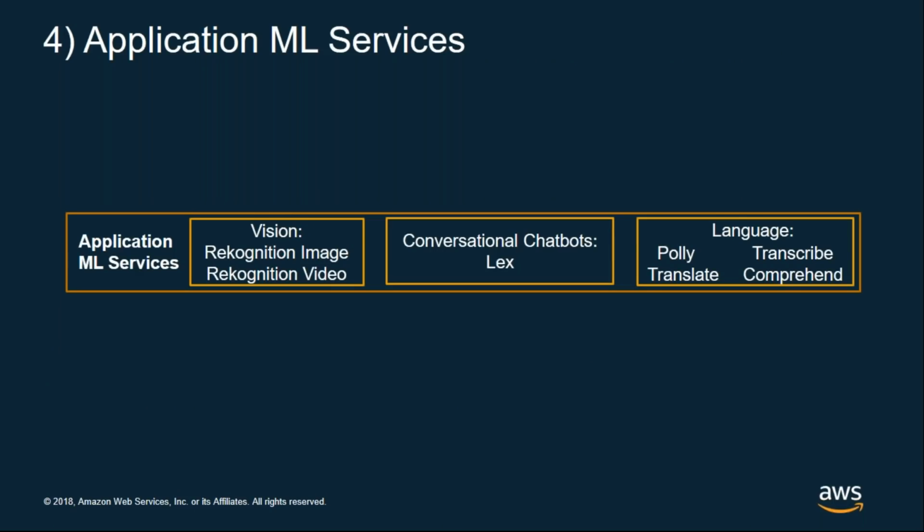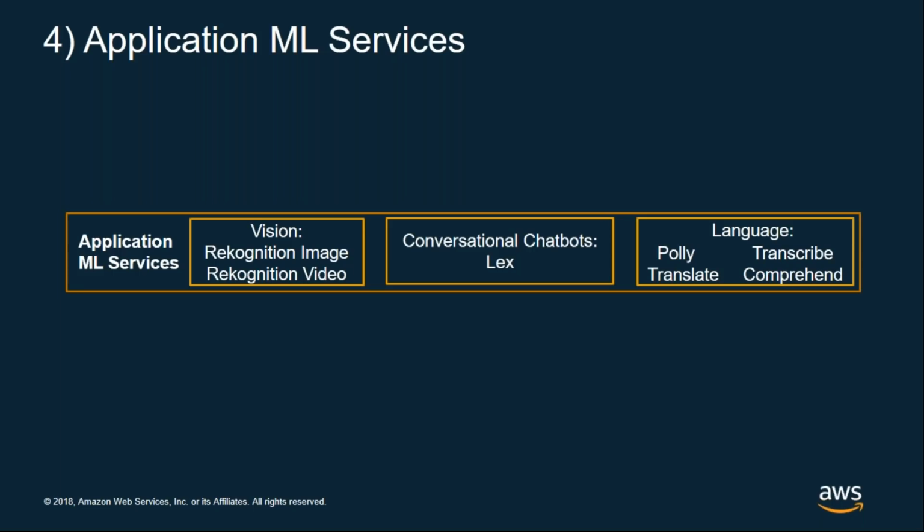This brings us to our fourth and final tier, which is the application AI or machine learning services. And so essentially we have really three kind of broad categories of functionality today. So basically vision, conversational chatbots, and then language. And so again, these are essentially pre-trained models that Amazon has created and actually trained against data to do very specific applications.